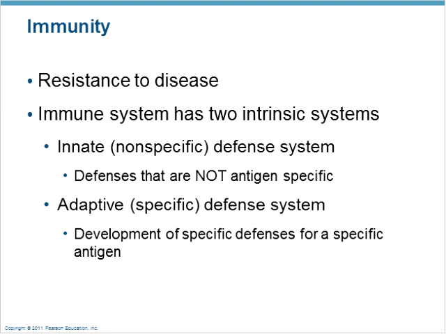An adaptive defense system is more specific. It's where we develop very specific antigen-based defenses, or very specific defense mechanisms, for a given invader. An innate defense would be more like when you have a fever, when you get a cold.